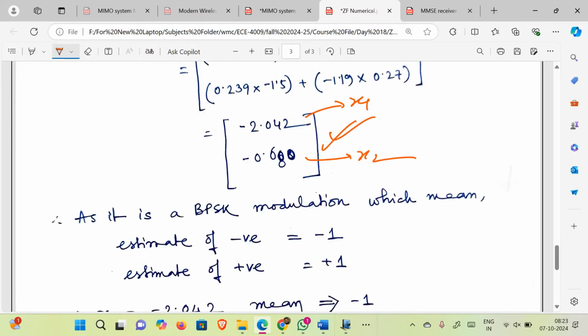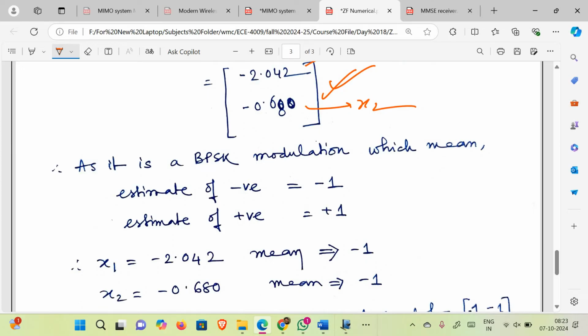As it is BPSK modulation, the negative estimate will always be -1, and positive estimates will always be +1. Or we can say -1 corresponds to 0 and +1 corresponds to 1. That is how BPSK works. Ones and zeros only. Zeros will be -1, ones will be +1.